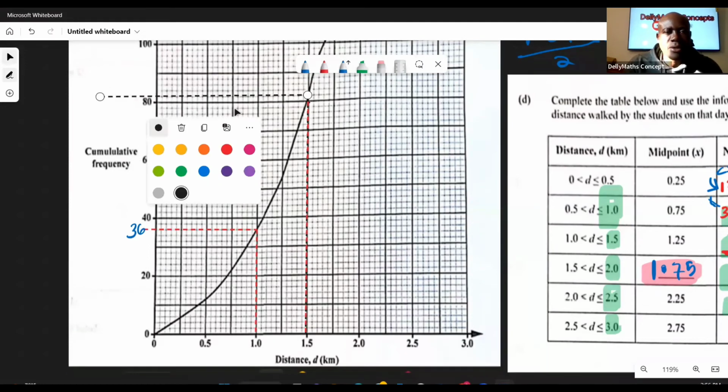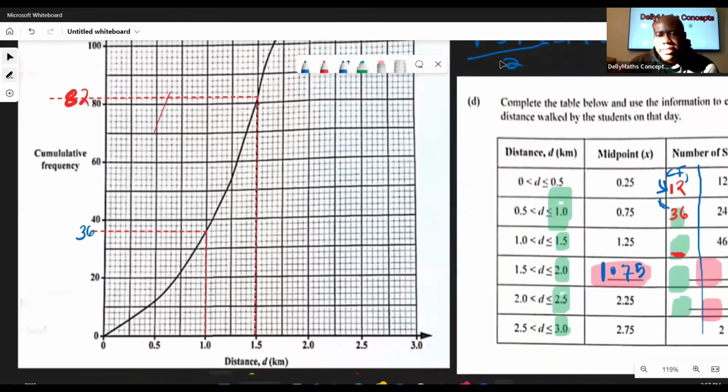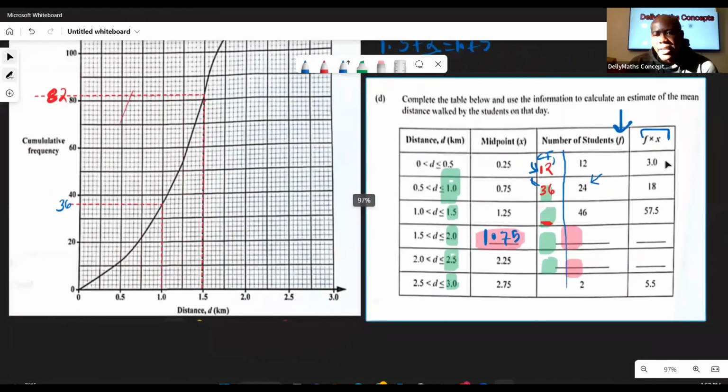Well, I think we had this result anyway. So that's 82, the cumulative frequency at 1.5.